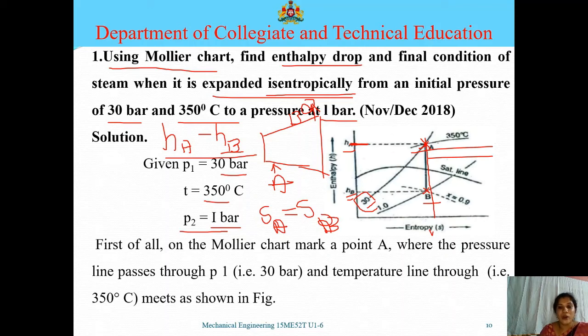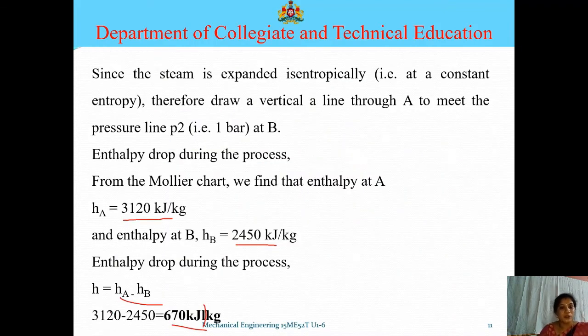Again I'll draw a horizontal line, then I'll take the value of HB. Since I need to find the enthalpy drop, I'll substitute the values in this particular equation, that is the difference between the initial enthalpy and the exit enthalpy, and at the end I'll get the answer as 670 kilojoules per kg.